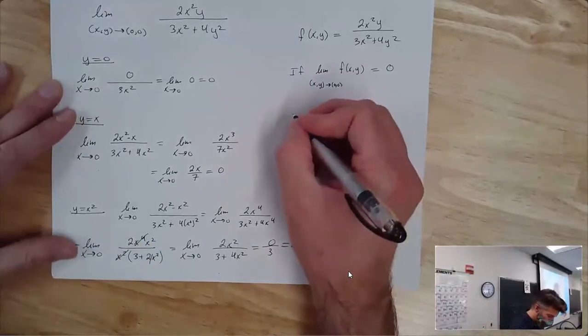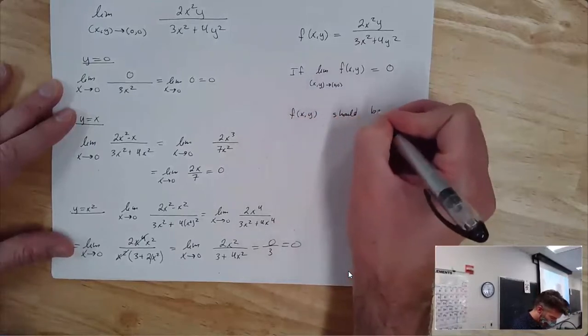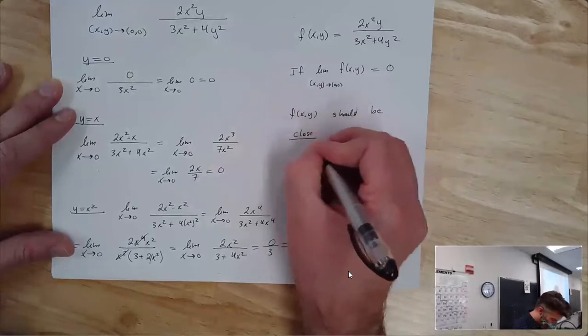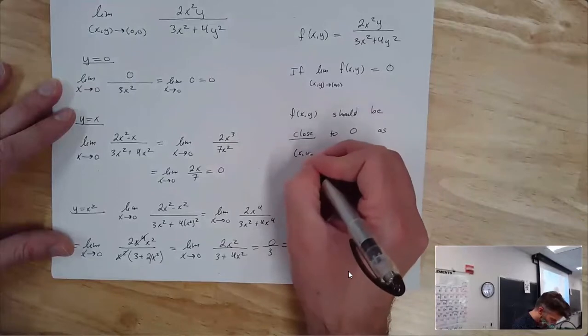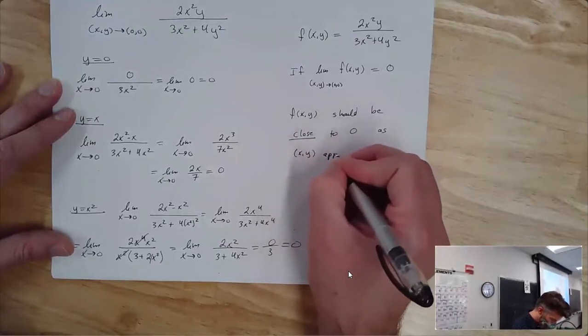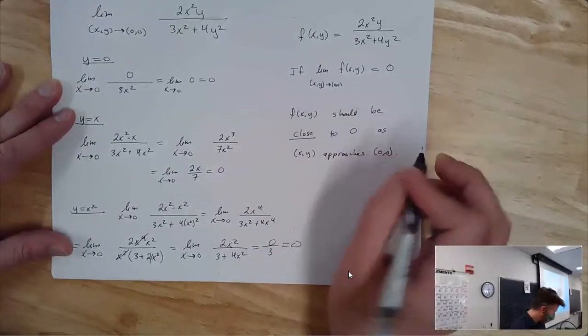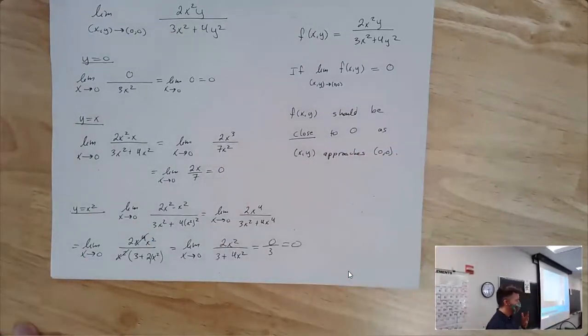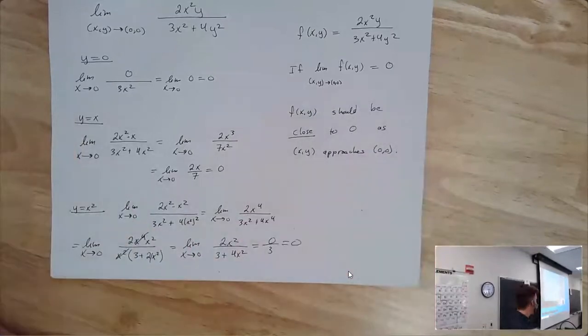It should be true that f of x, y should be close to 0 as x, y approaches the point 0, 0. So another way to say that is, if you want f of x, y to be close to 0, what you're really saying is the distance to 0 should be small.